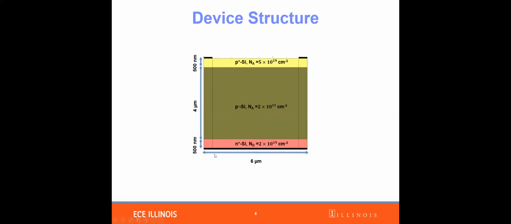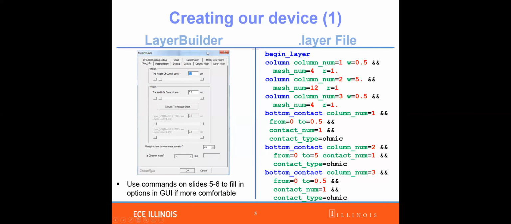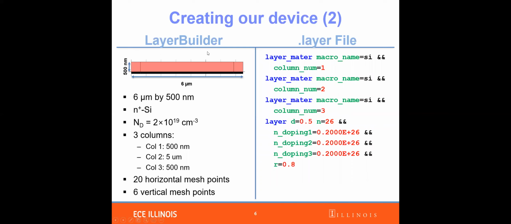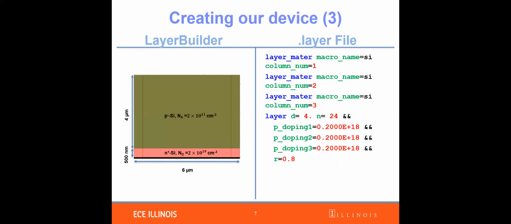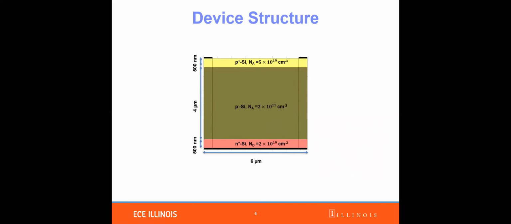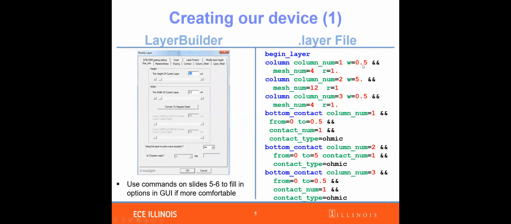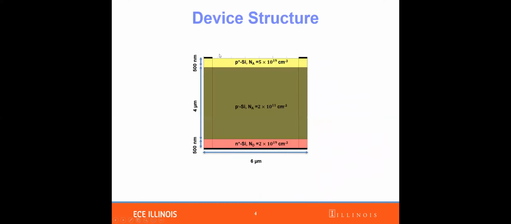And we defined the N contact to be 6 micrometer, and the P contact, I believe it should be around 500 nanometer. So here it would be 500 nanometer, and 5 micron in this middle column.